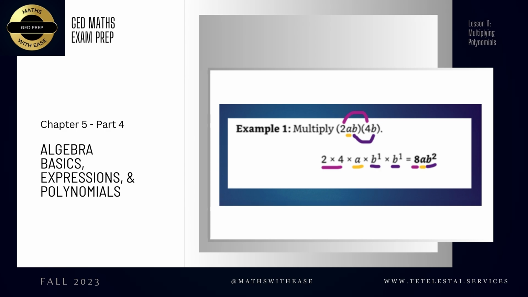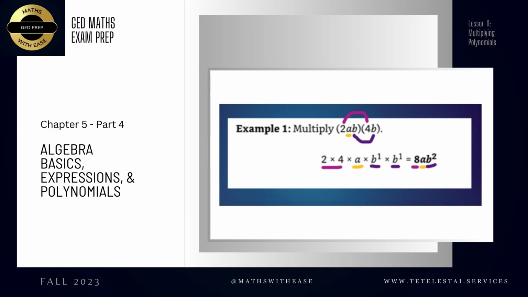Then you go back to your first set of parentheses, or the first term in parentheses, and we see that what we have left over is b. b times b is b squared, right? As we saw earlier, there's no exponent on b, so we assume that both variables here are raised to the power of 1.